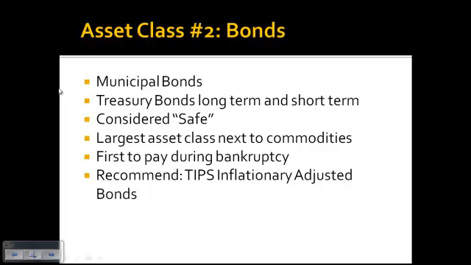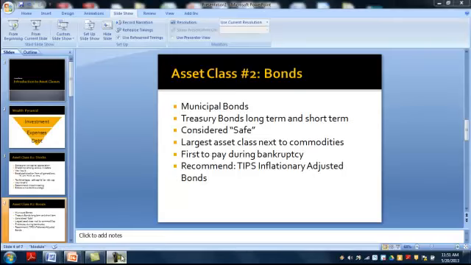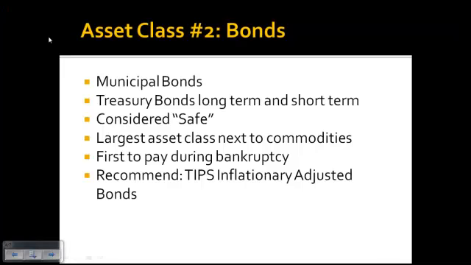Treasury bonds, as we all know, are both long-term and short-term bonds. They are considered to be safe, in the respect that the long-term treasury bonds really don't have any downside risk, and this has been challenged recently just because bond prices have skyrocketed, and they're literally paying next to nothing on the interest.